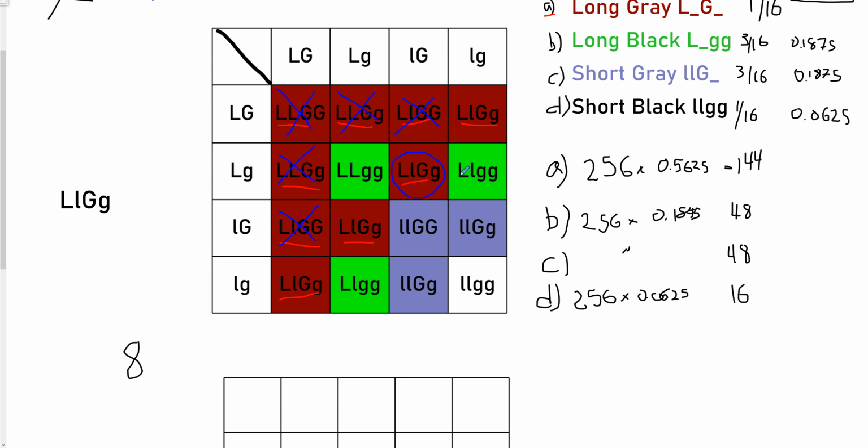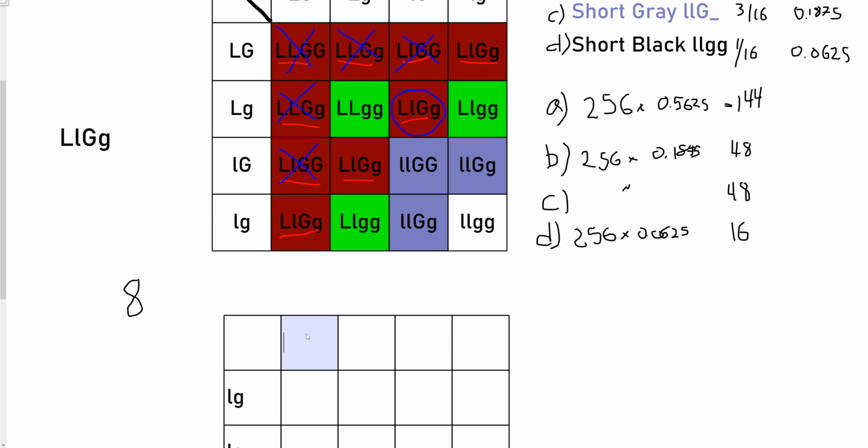So instead of doing a guess and check, I guess I kind of spilled the beans. But we can logic it out. So I'm going to do a heterozygote, a big L, big G, little g. So here are the possible genotypes for the gametes. There we go.